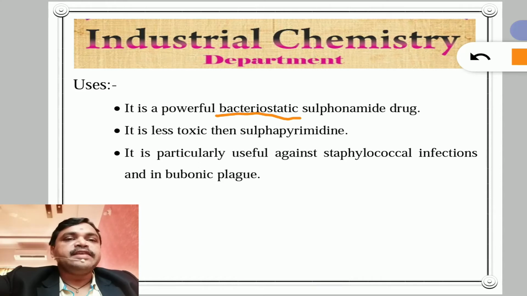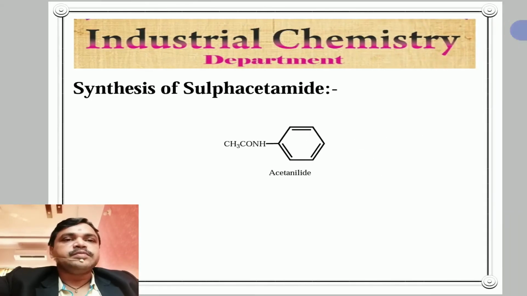And lastly, it is particularly useful against staphylococcal infection and in bubonic plague. This is the medicinal application and synthesis of the first sulfur drug, sulfathiazole. Now we see the next compound.